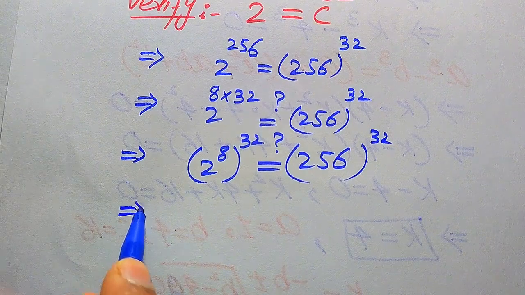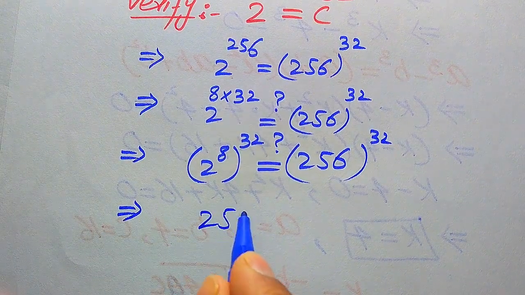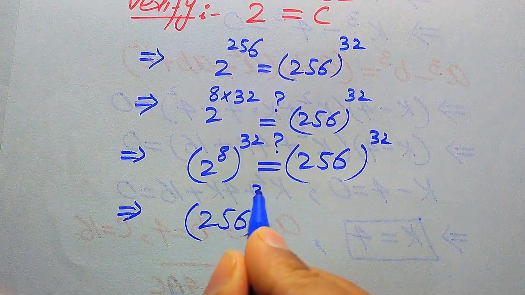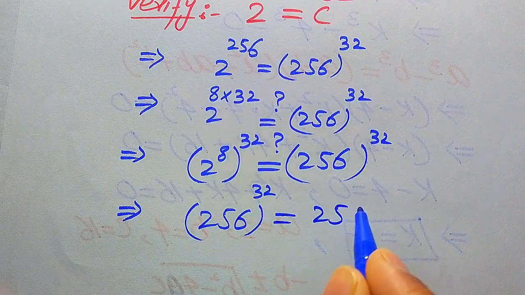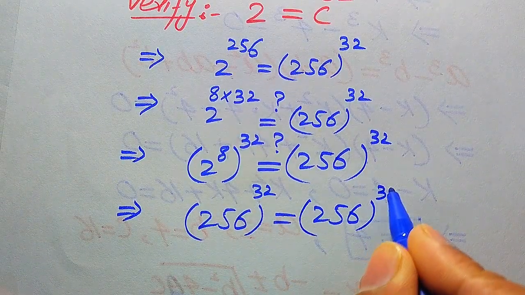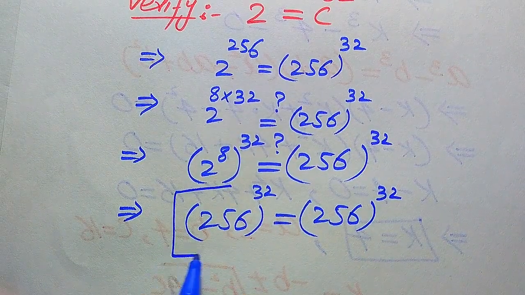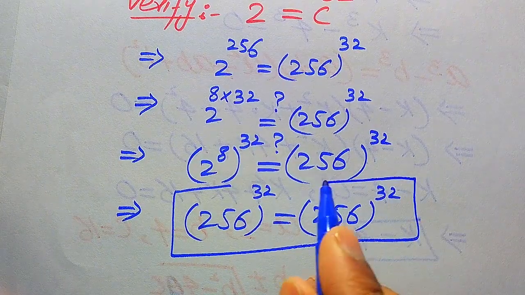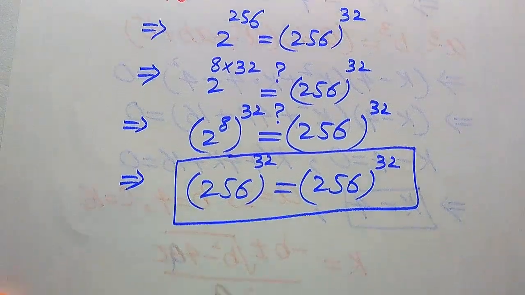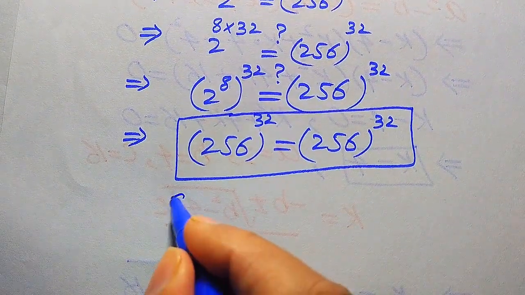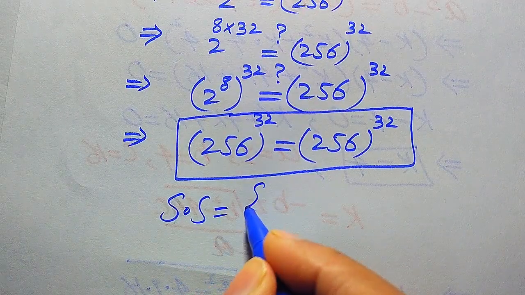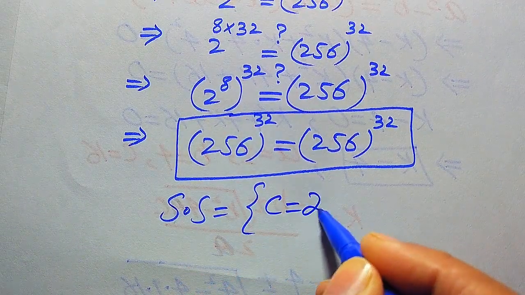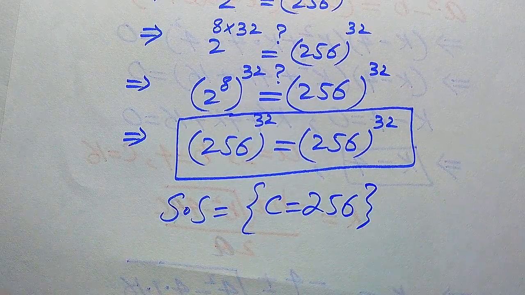And you clearly see here 2 to the power of 8 becomes 256, so 256 to the power of 32 equals 256 to the power of 32. This shows that both of the sides are equal. It means that the value c equal to 256 satisfies our given question statement. And finally we have the solution set of this problem: c equals 256.